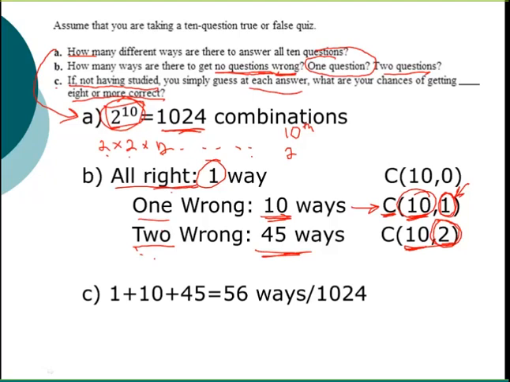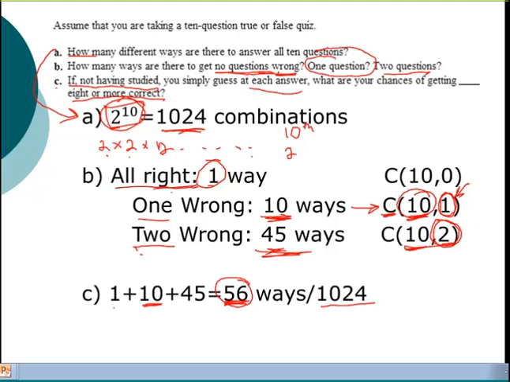And so the fundamental counting principle on the next lesson says that you can take the 1 way, add it to the 10 ways that we have here, and then add it to the 45 ways, and we get 56 different ways to do this properly out of the 1,024 total possibilities, combinations for the whole test.